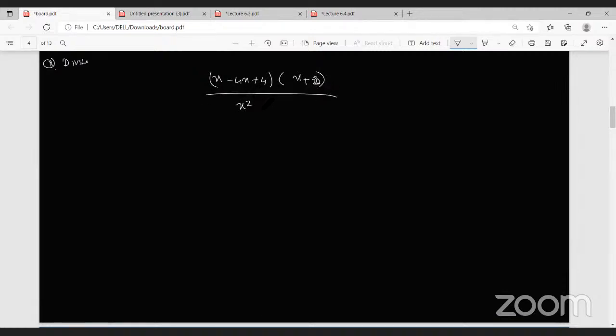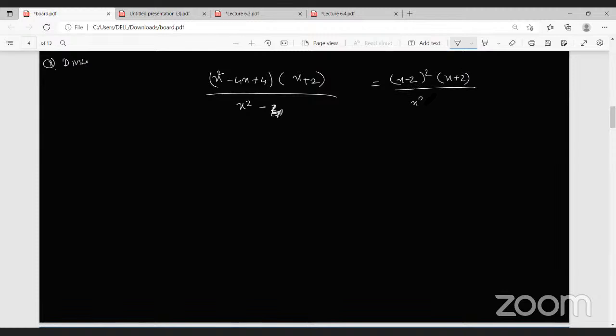Now, can anyone tell me? The first term on top: x minus 2 whole square. Top one is x square minus 4x plus 4, and here x plus 2. Here the x square minus 4 is x minus 2 into x plus 2.